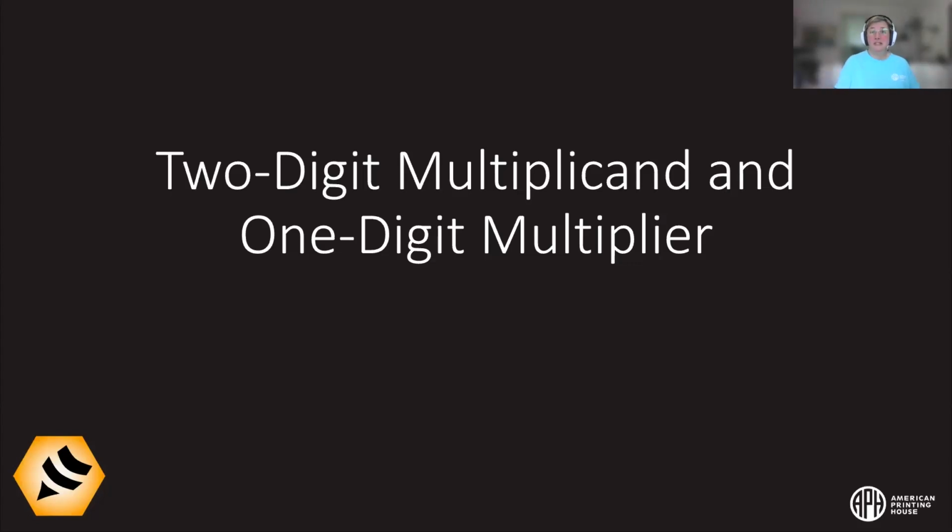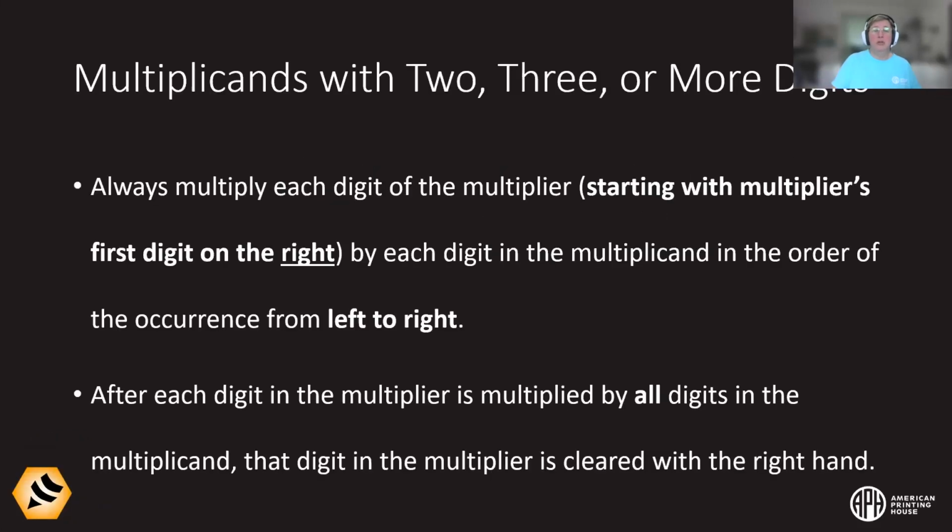And Julian, yes, a complementary number is kind of that regrouping. You have to use complements of numbers in order to determine what number goes on a rod. So for multiplicands with 2, 3, or more digits, you're always going to multiply each digit of the multiplier, starting with the multiplier's first digit on the right, by each digit in the multiplicand in the order of occurrence from left to right.